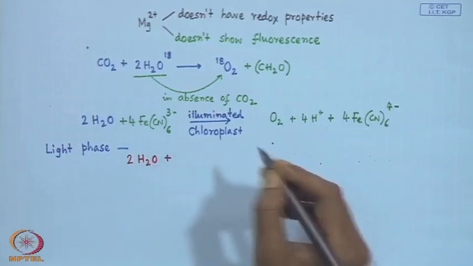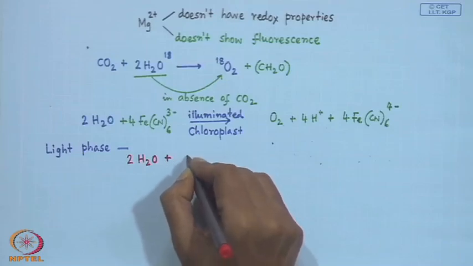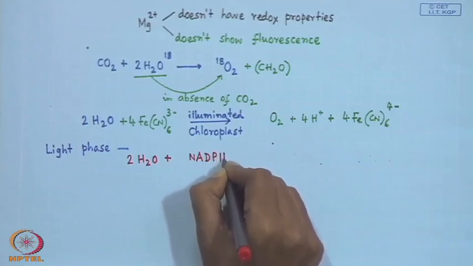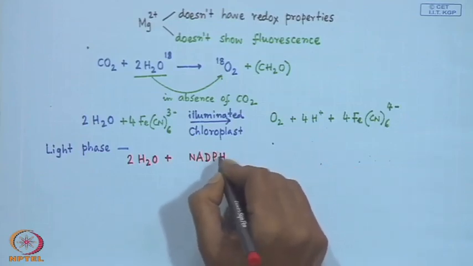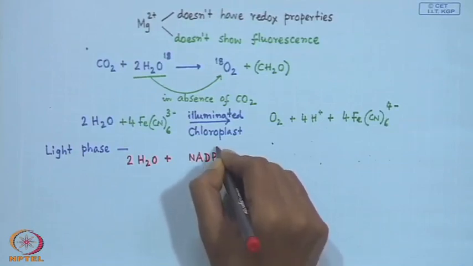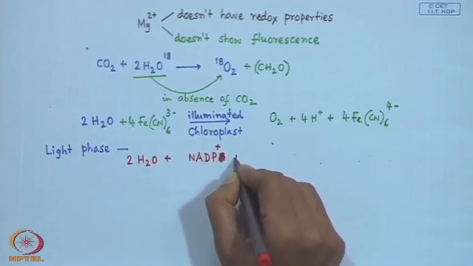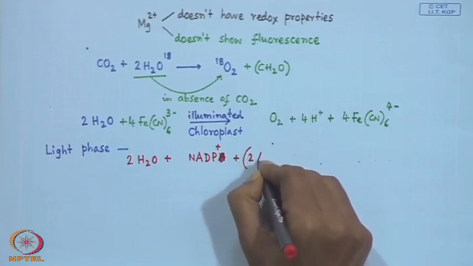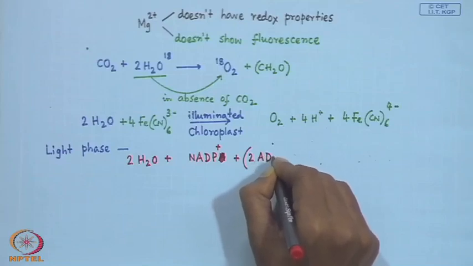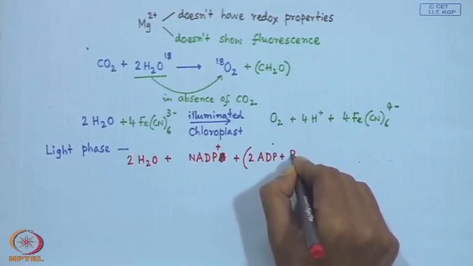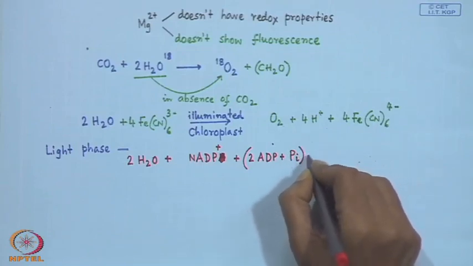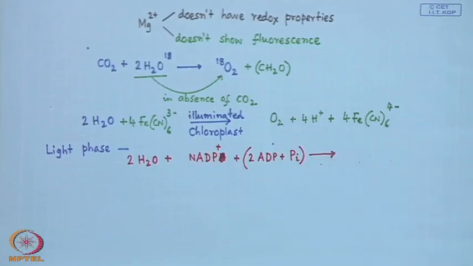We take the help of NADP+, this is the oxidized form, and during this process we produce ATP. So, ADP should be there and inorganic phosphate should also be available.